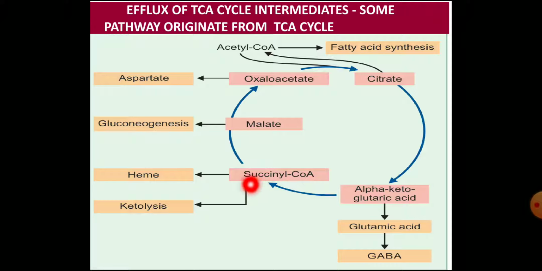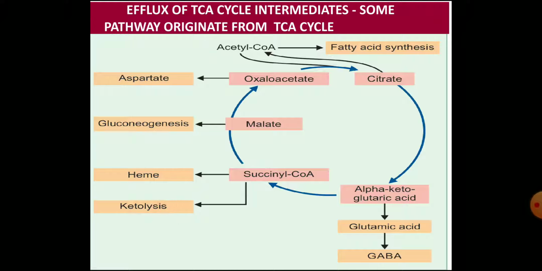You have studied ketone body metabolism, where the synthesis occurs in the liver and the utilization occurs in other tissues. With the help of the enzyme thiophorase, succinyl coenzyme A combines with acetoacetate to form acetoacetyl coenzyme A, which is then utilized by the various tissues by splitting into two molecules of acetyl coenzyme A, which finally enter the TCA cycle and produce energy. Okay, so that is ketolysis.